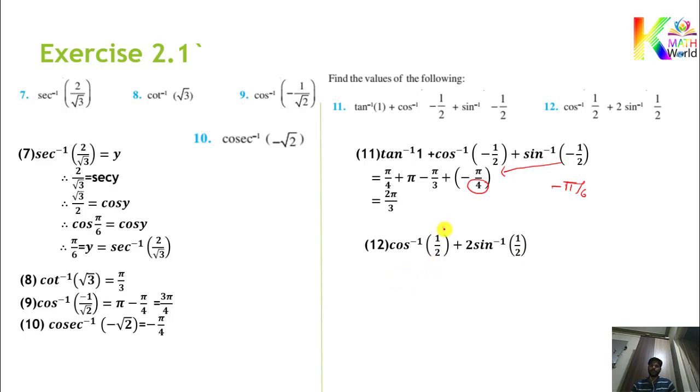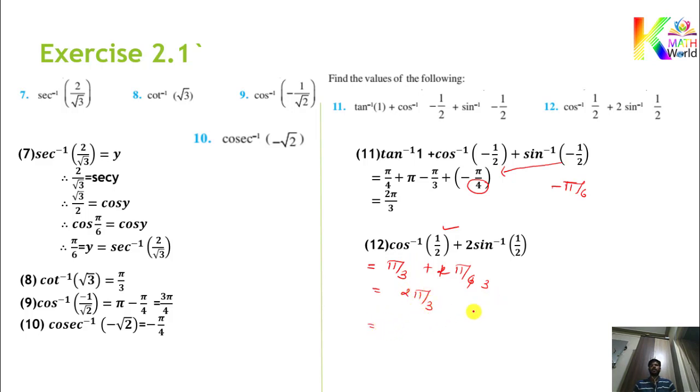You can see here positive value is there, so from first quadrant we can write, so cos 60, that is 1 by 2, 60 it means pi by 3, plus 2 times 1 by 2, so sin 30, positive value, so first quadrant sin 30, 30 it means pi by 6, so 2 3s are 6, so you can see pi by 3 plus pi by 3, it means you got 2 times pi by 3.